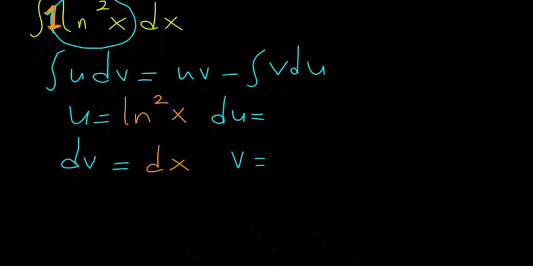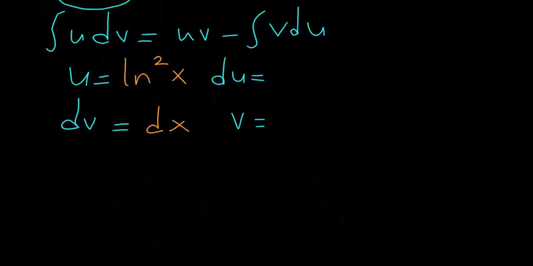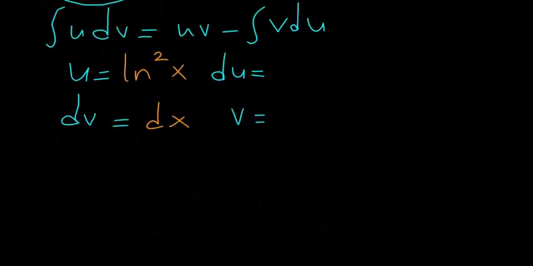So let's start by finding the value of du. Du simply means that we're going to find the derivative of u, which is ln squared x. To evaluate the derivative of ln squared, we're going to use the chain rule.